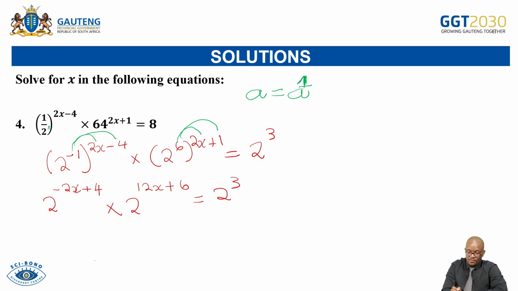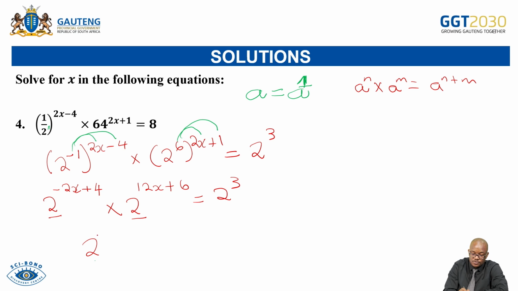Now we still go back to our basics where we're saying if you have the same base that are multiplying each other, you are going to do what? You are going to add the exponents. So now we have 2 multiplied by 2, where the bases are the same.